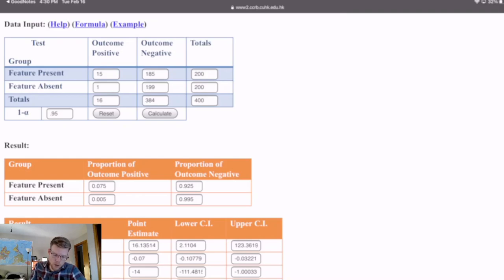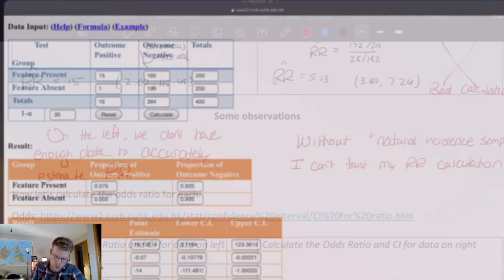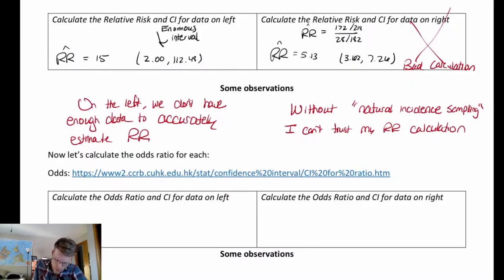So OR hat, I think it was 16.14. Again, my interval is really huge, right? So it's like 2 point something to 123 something. So that's kind of the bottom line here: my interval is still enormous.